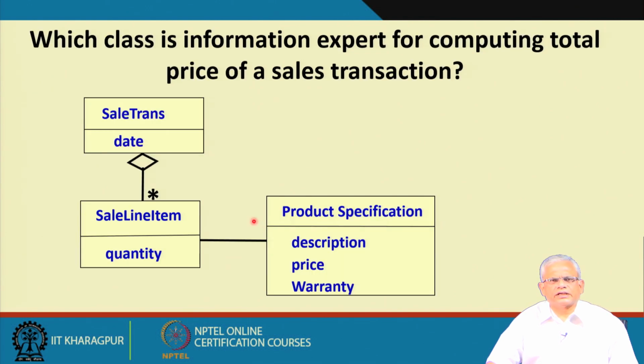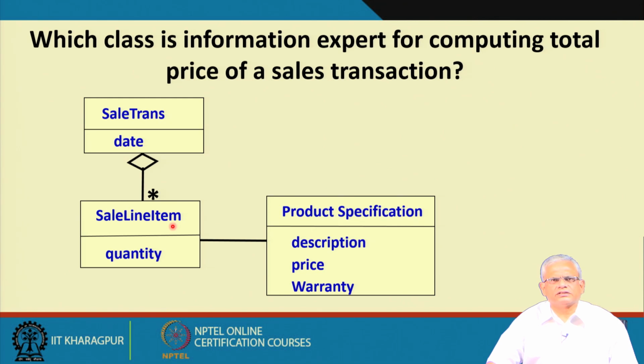Now, let us try to explain this with the help of an example. Let us say we have this class diagram derived from a domain analysis. Let us say we have a sales transaction class which aggregates a set of sale line items. These are the specific orders in the sale transaction.